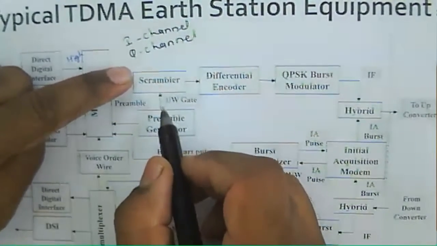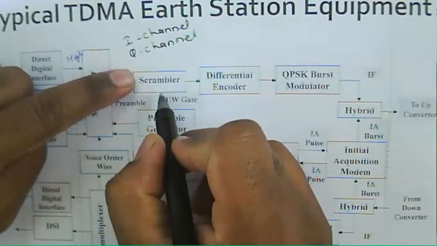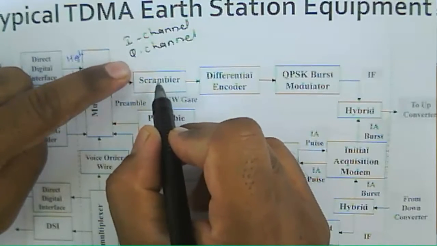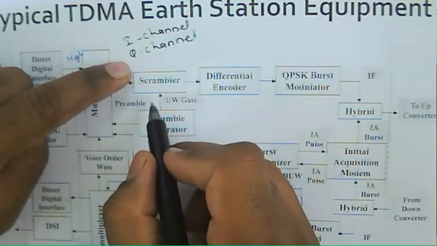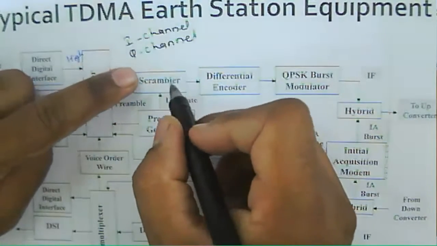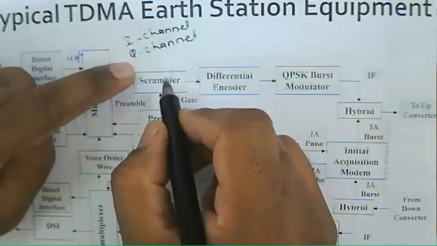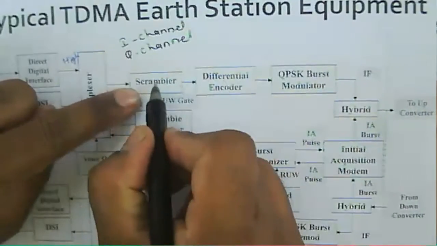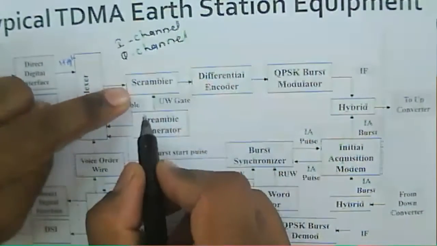The scrambler has two purposes. One is energy dispersion, and again it provides the clock components in the data for the clock recovery. It just provides the data bits for the clock recovery.